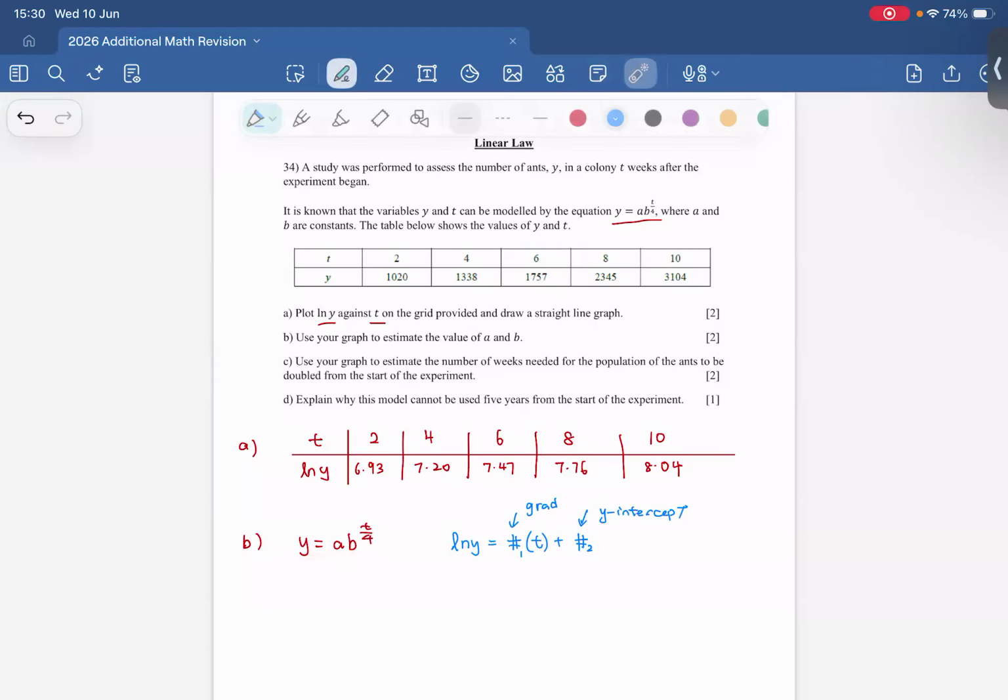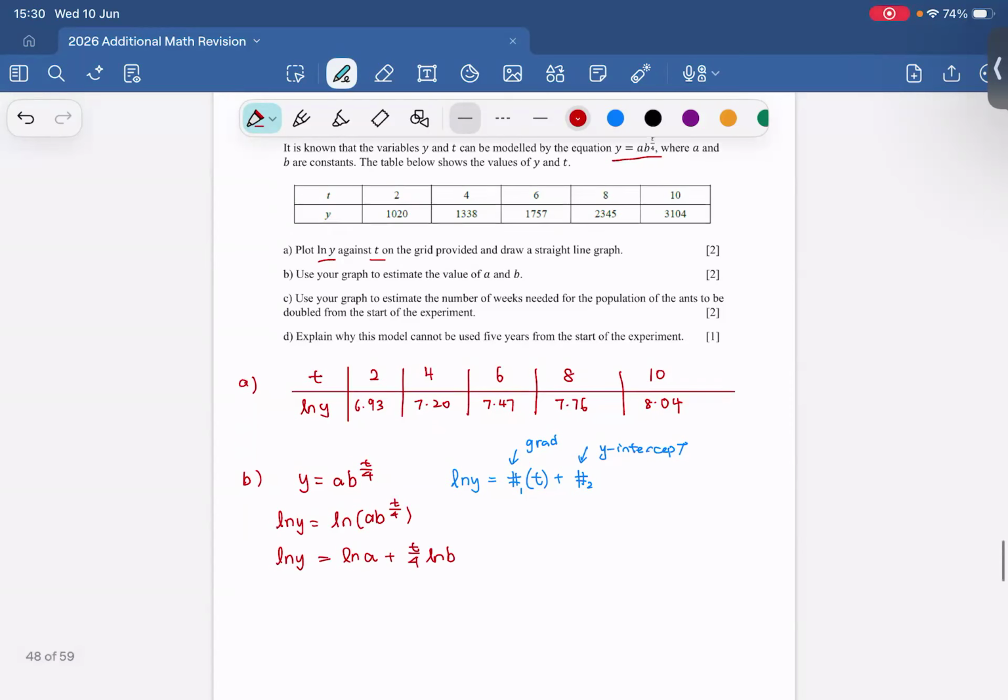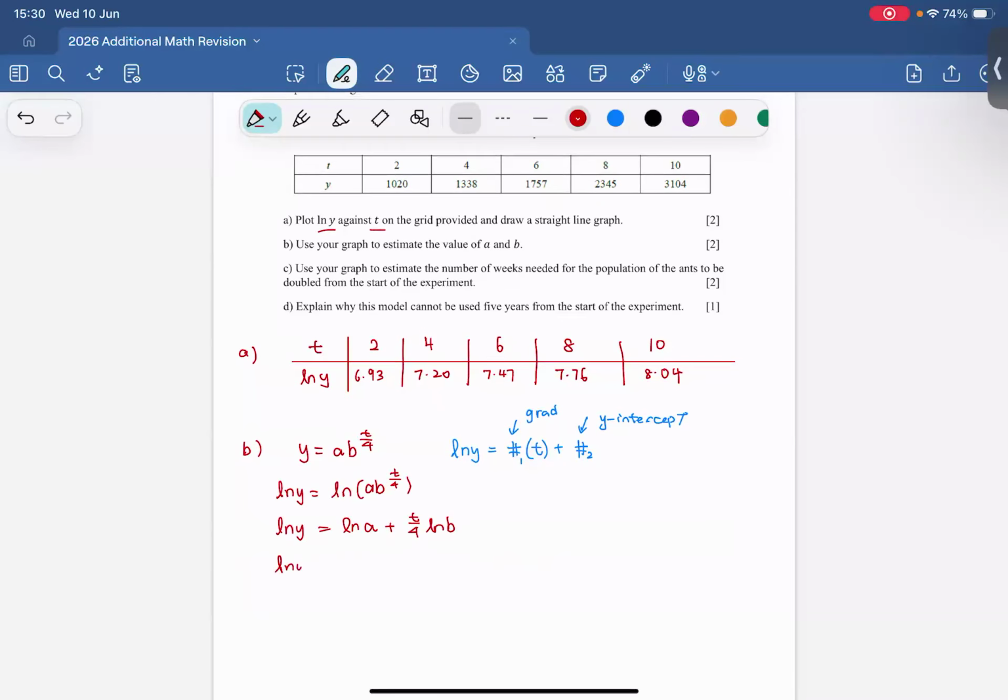Okay, so what do we do? First thing first, we ln both sides because we see that there's a ln y. Then what do we do next? We have to use your law of logarithm to break it up. So this becomes like that. So we just rewrite a bit.